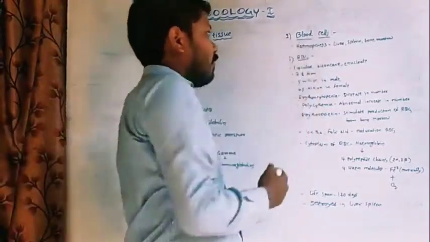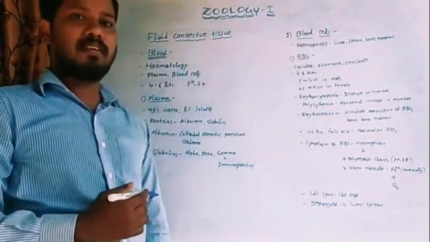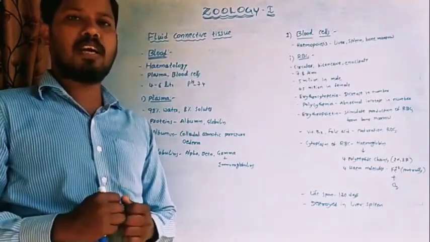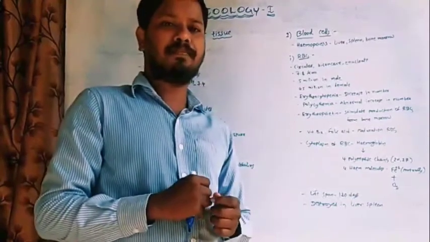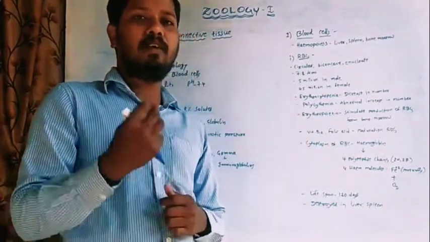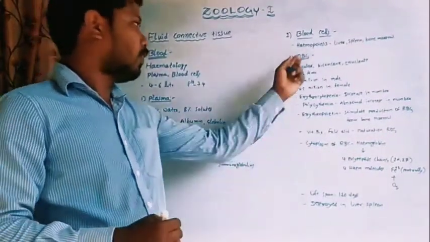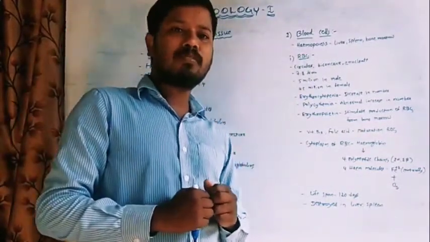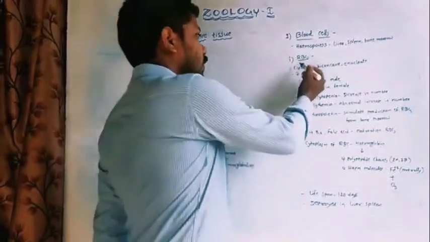Blood cells consist of 3 types of cells: red blood cells, white blood cells and platelets. Red blood cells are also called erythrocytes.